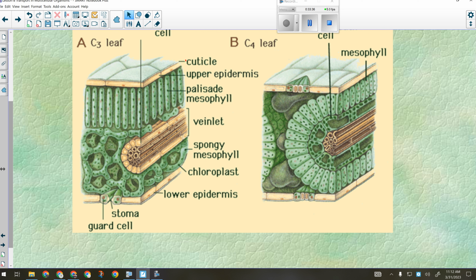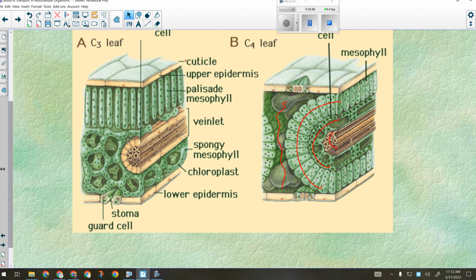Here's the palisade layer, here's the spongy layer, and here's the vein, and there's space around it. They work quite a bit differently, and that helps them to conserve water and limit evaporation. And obviously you see that there's stomates on both sides because this isn't oriented like this, it's flipped on its side.